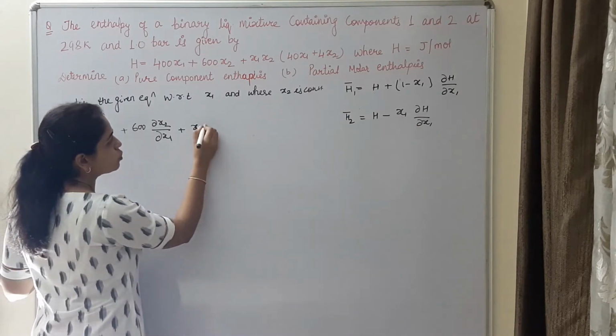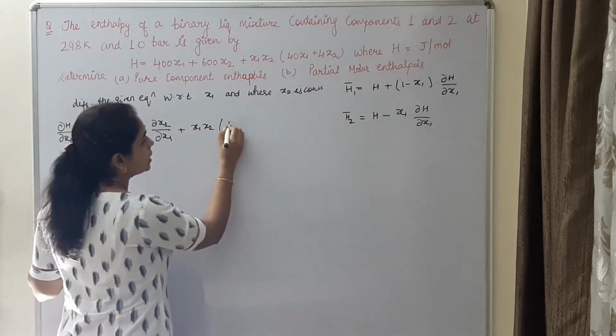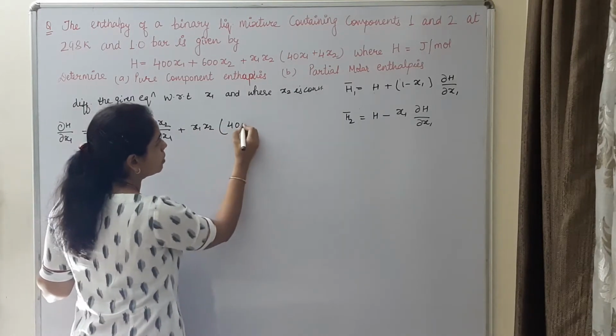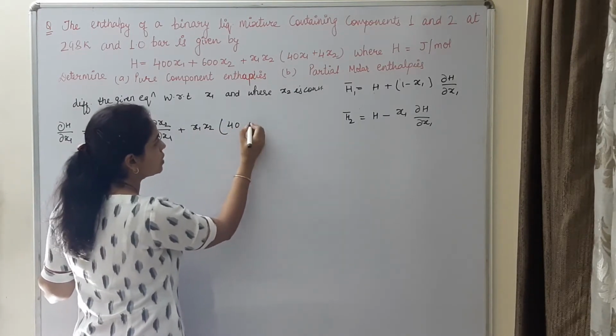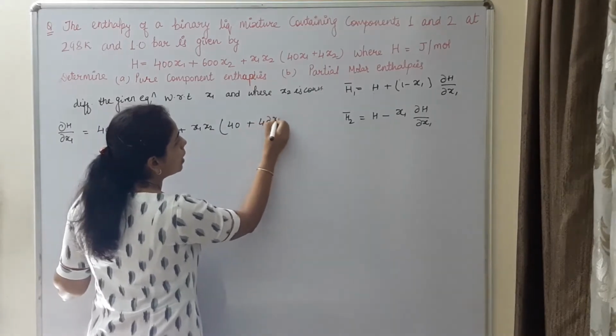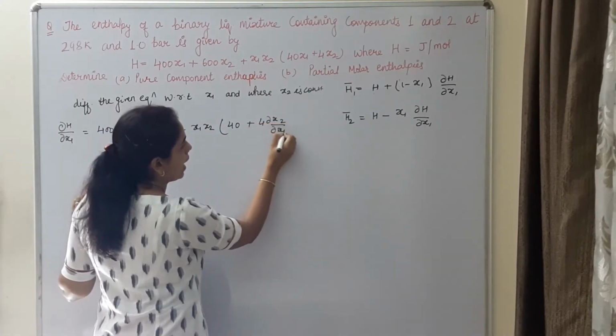So x1 x2 we keep constant here, and then 40 times the differentiation of x1 with respect to x1, which is 1, plus 4 ∂x2/∂x1.